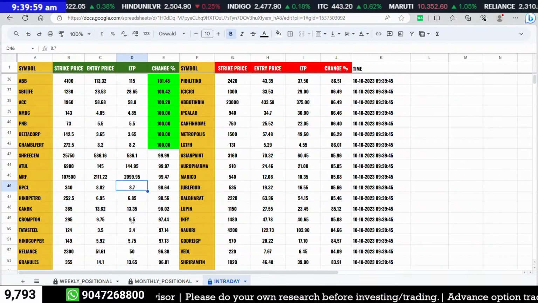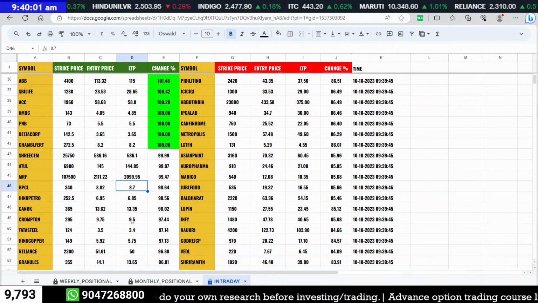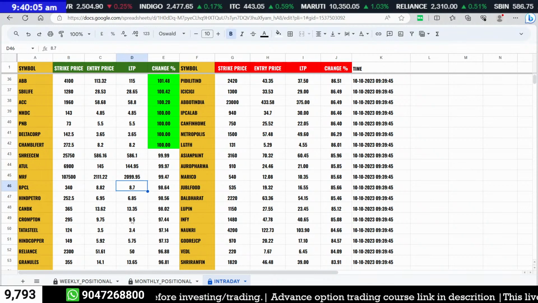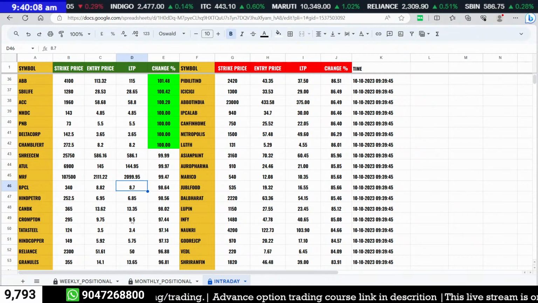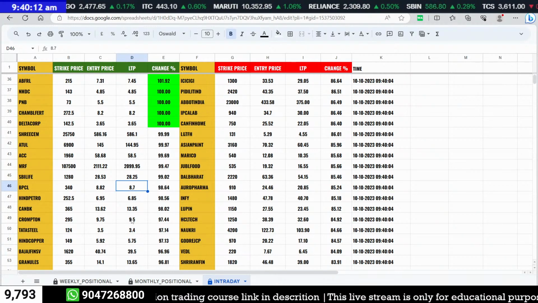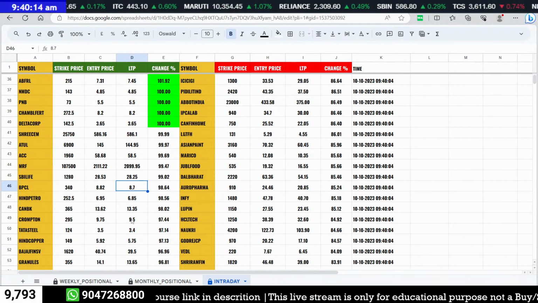In the petrol. Tata Steel also is there. This is the only quality stock, if it came then we can go.